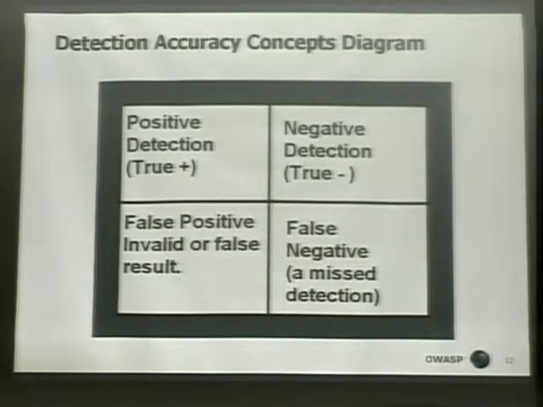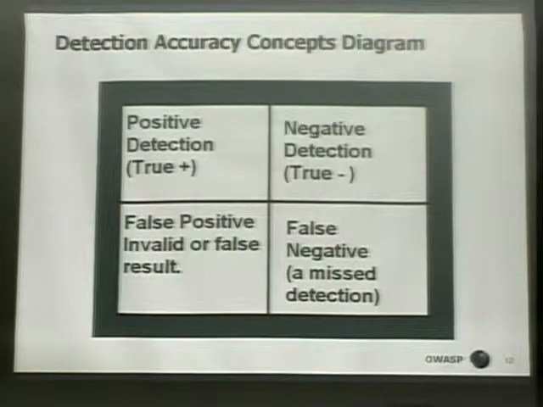Here's a little graphic of how we think about detection accuracy as a concept. So you have positive detection, where the vulnerability is there and you detected it. That's hopefully the most common case, and that's what you're really looking for.